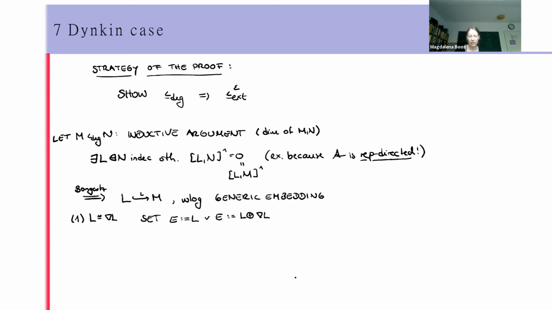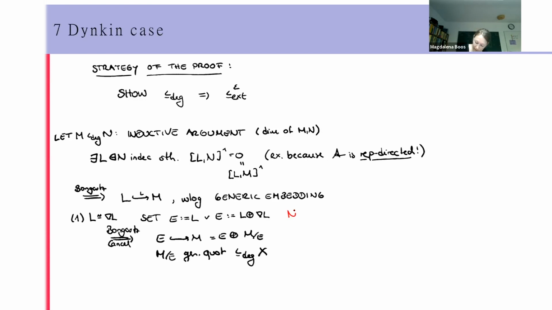Then we grab the corresponding epsilon representation. This can be L, or it can be 2 copies of L plus nabla L. And then we say that N is X plus E, okay? And then by a theorem of Bongartz again, we know that E embeds into M.